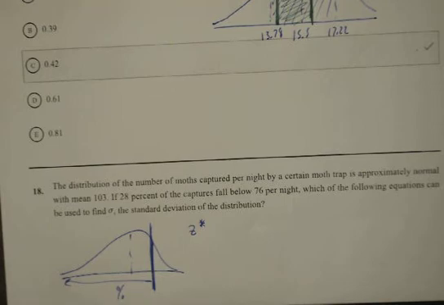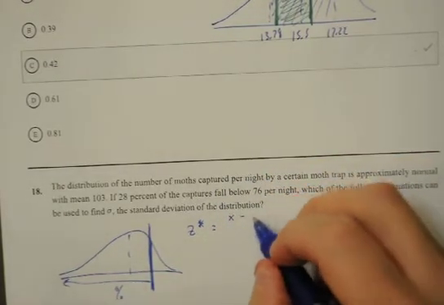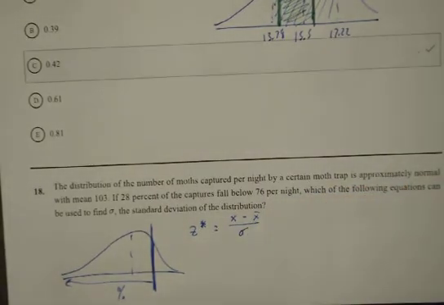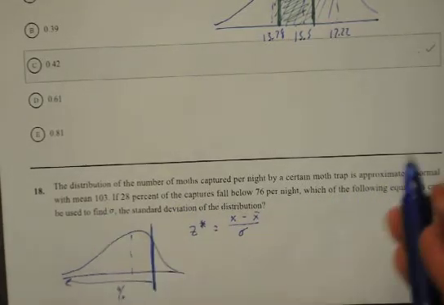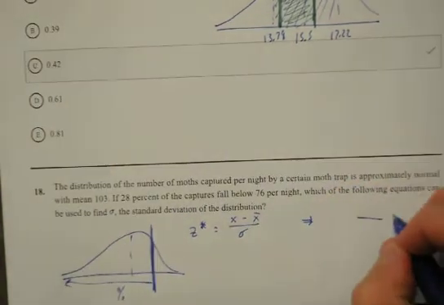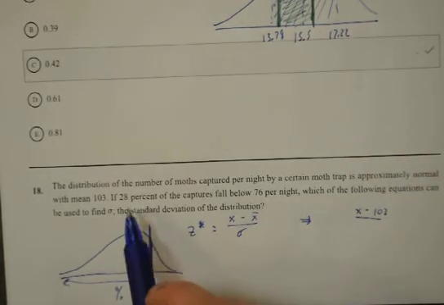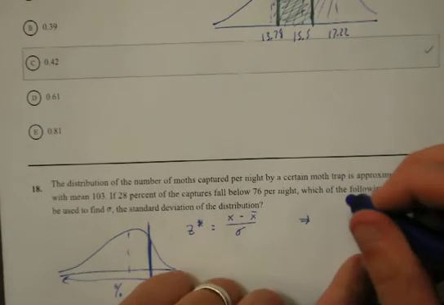So your z-score is x minus x bar over the standard deviation. The mean is 103, and 28% of the captures fall below 76.